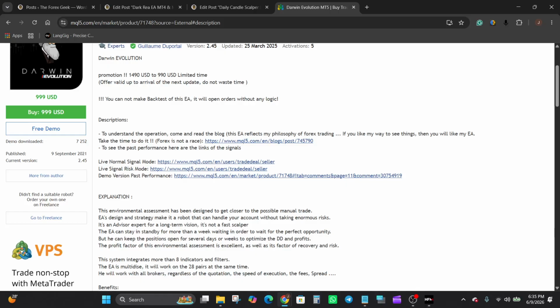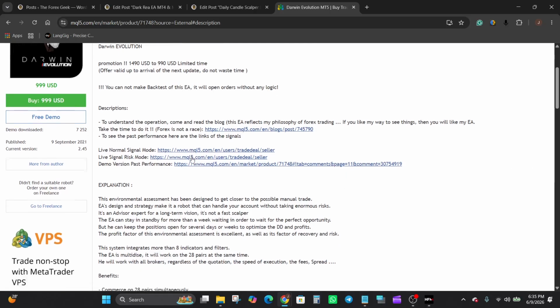There is also mention that it operates across multiple currency pairs at the same time, specifically up to 28 pairs, which suggests a multi-symbol trading structure rather than a single chart strategy.